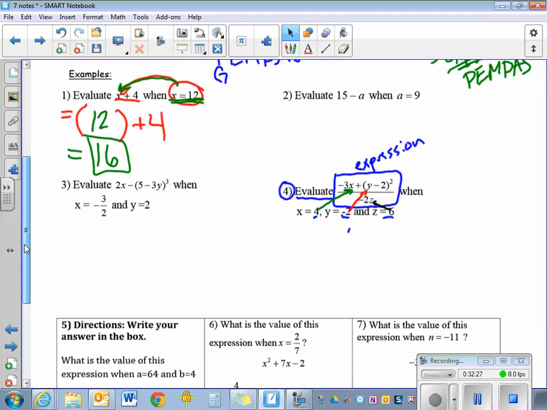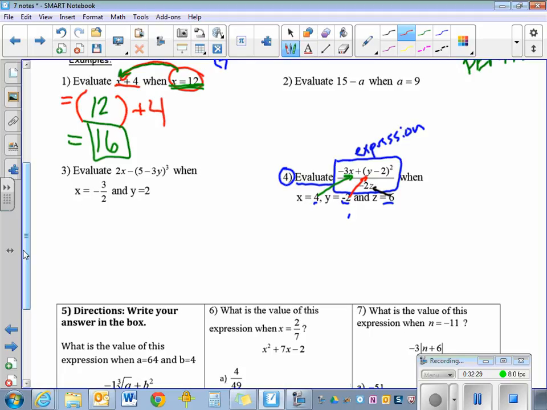So for number 4, we have negative 3 instead of x, parentheses, x is 4, plus y minus 2. But again, instead of y, we now have negative 2 minus 2 squared. And then negative 2, and instead of z, we have 6.